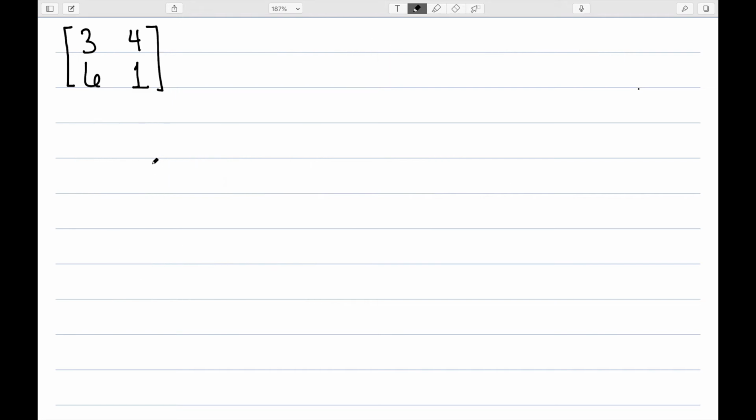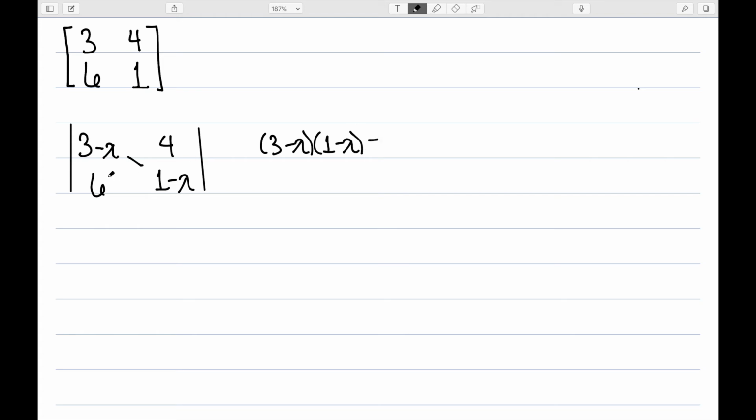Let's now find the eigenvalues and eigenvectors of this matrix. We start with our determinant. We subtract lambda from the diagonal, so I have 3 minus lambda, 4, 6, and 1 minus lambda. We multiply to get (3 minus lambda)(1 minus lambda) minus 24, and this should be equal to 0.